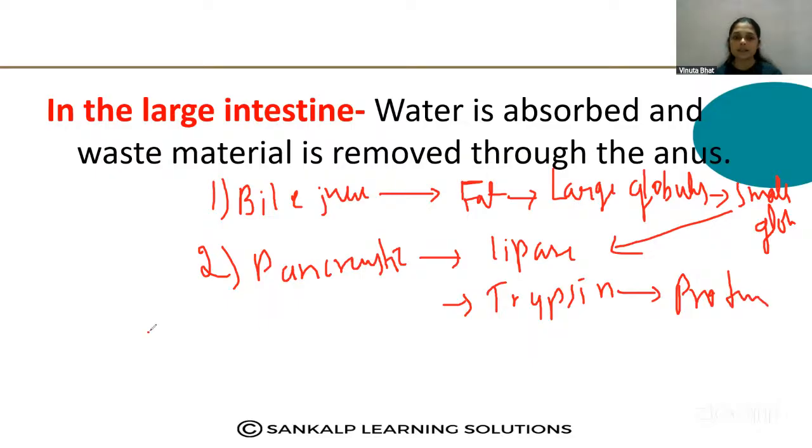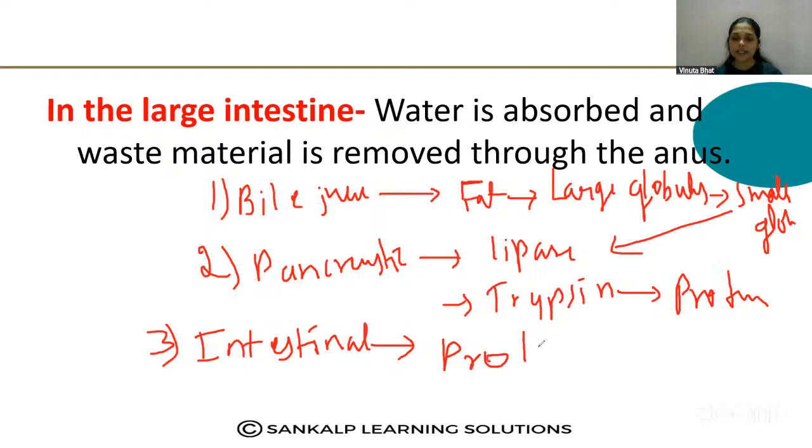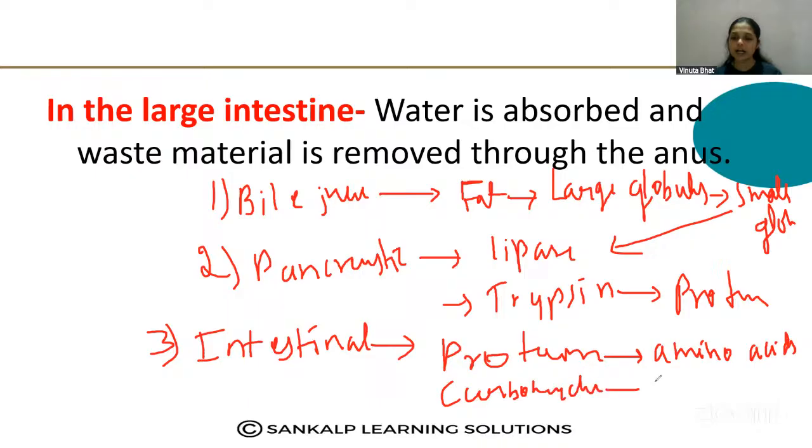Okay, then in the third step, intestinal juice, secreted by the walls of the intestine. It contains the enzymes which finally convert the partially digested protein into amino acids, and the complex carbohydrate, partially converted, into glucose.